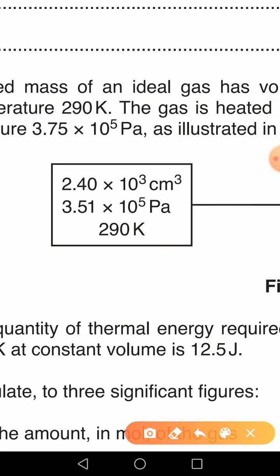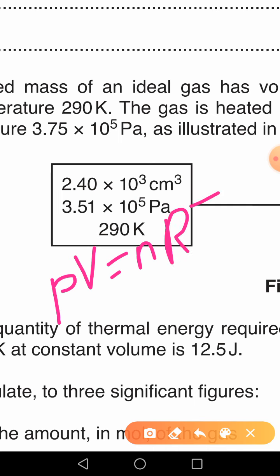So you have to multiply 10 to the power minus 6 to convert this value into meter cube. Okay, now put all these values into the equation PV equals nRT to find the number of moles of gas.